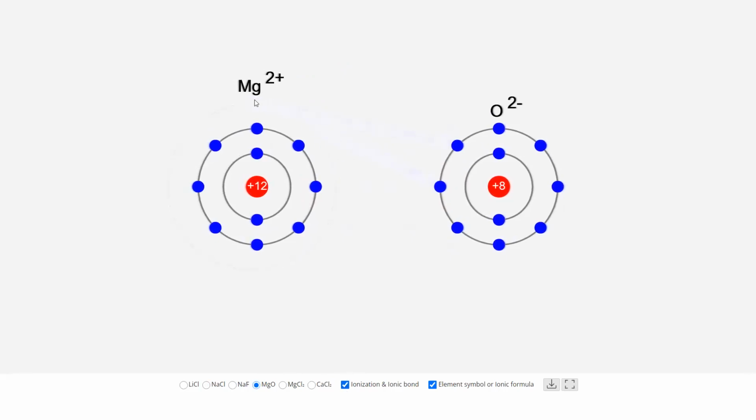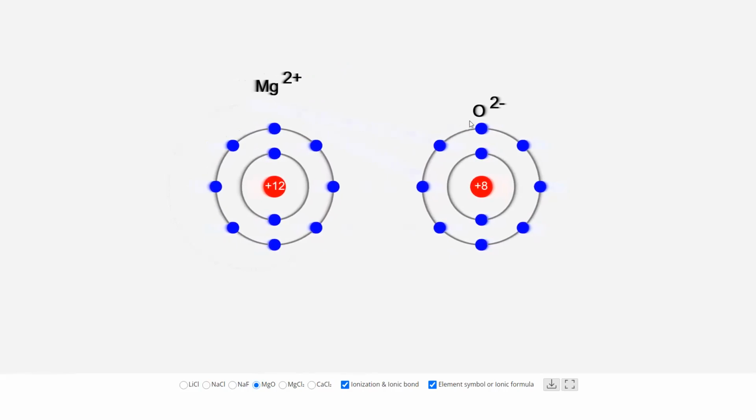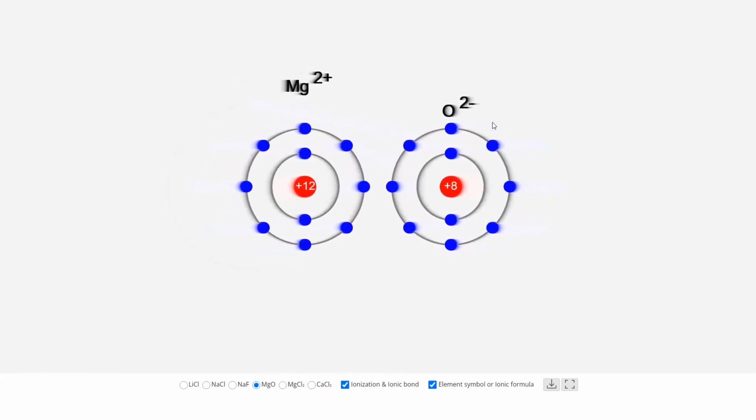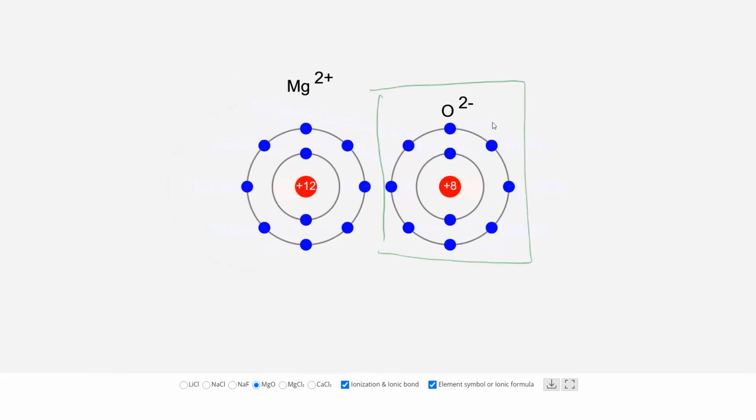Magnesium loses 2 electrons to become 2+. Oxygen gains 2 electrons to become 2-. This is now your oxide ion. Remember, IDE: anytime you have a nonmetal becoming an ion as an element, it becomes IDE. And this is your magnesium ion. Just a reminder, we call them ions because they are charged. They are charged because the number of protons no longer equals the number of electrons.